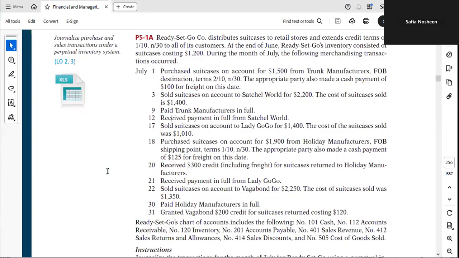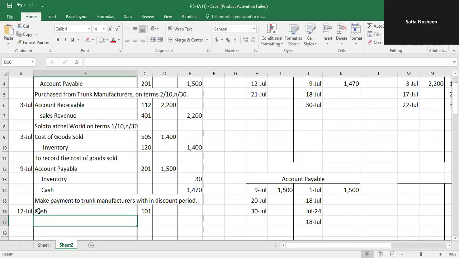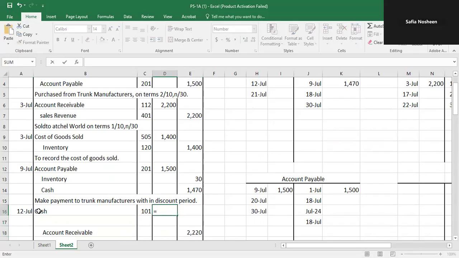As we are receiving cash, whereas our accounts receivable, which was an amount of 2200, is reducing, but we are getting 1% less.